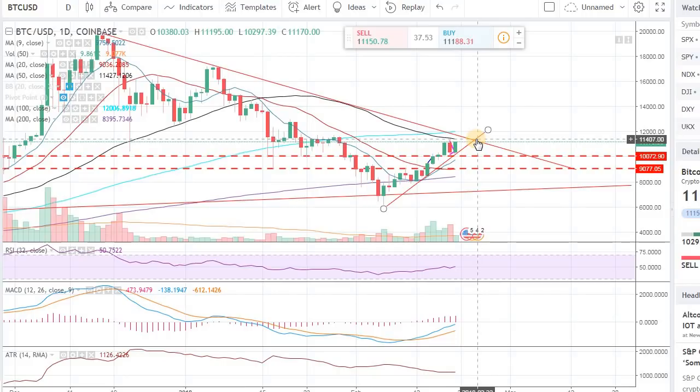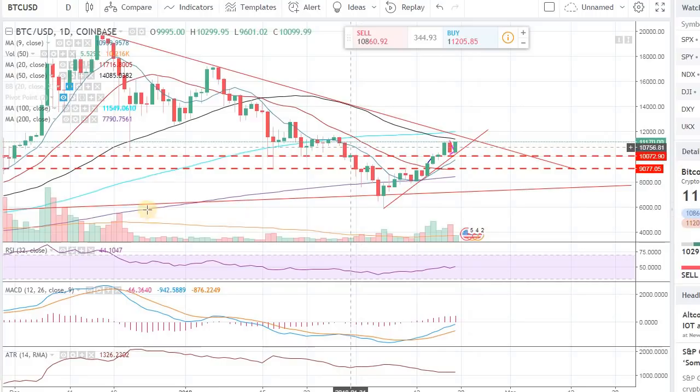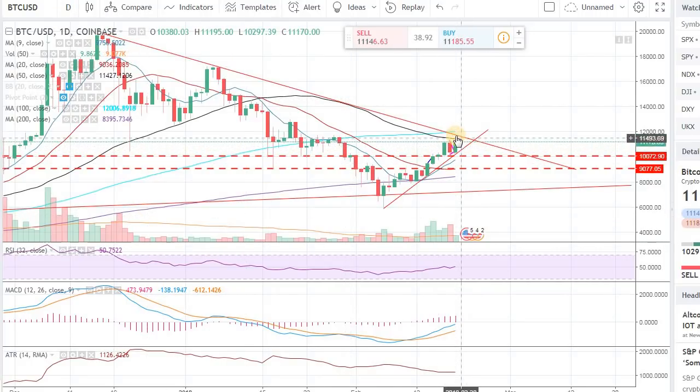That is going to be good resistance because it's the 50-day moving average on the daily chart. If we go past that, I can still see resistance around 11,500 and then eventually around 12,000. So there is a lot of resistance coming up in this area. Please keep that in mind.